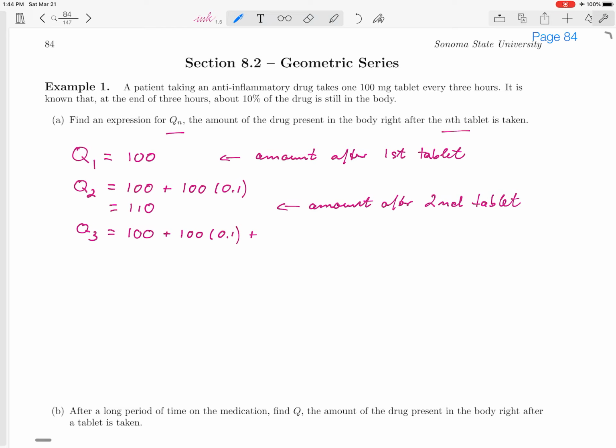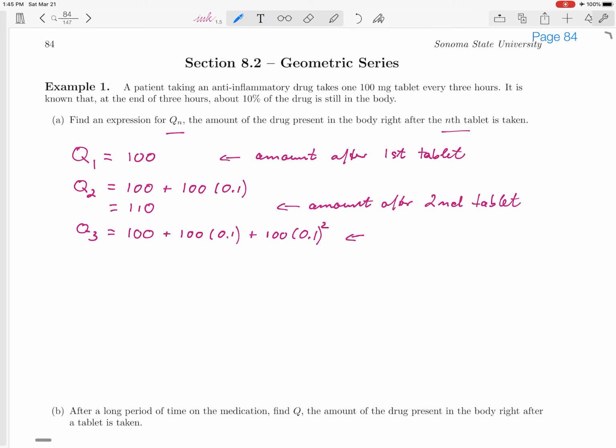Well, every 3 hours, 10% of what was there before is still there. So that first tablet 3 hours ago was 100 times 0.1. Now we multiply that by another 0.1. So really, we are multiplying it by 0.1 squared. So we have 10% of that first tablet is still there.